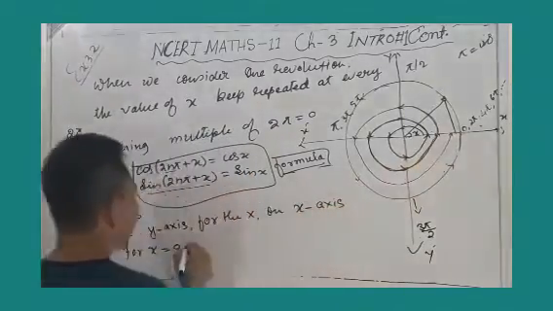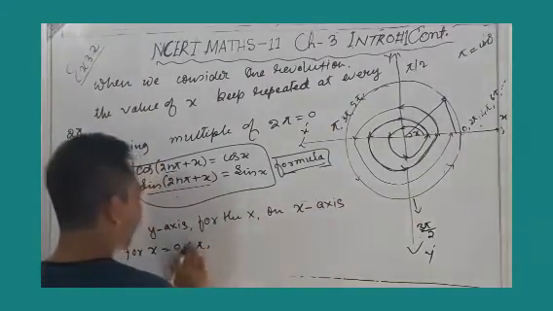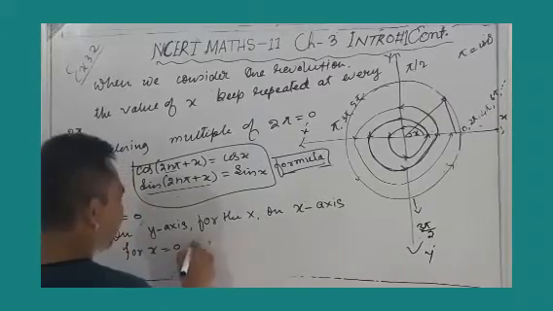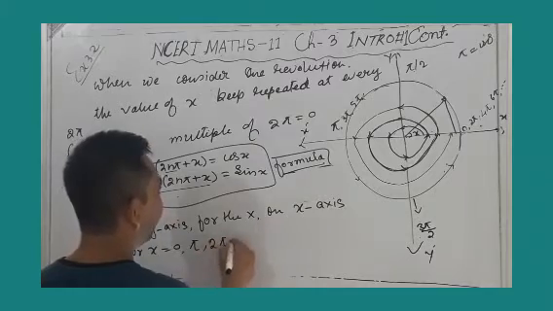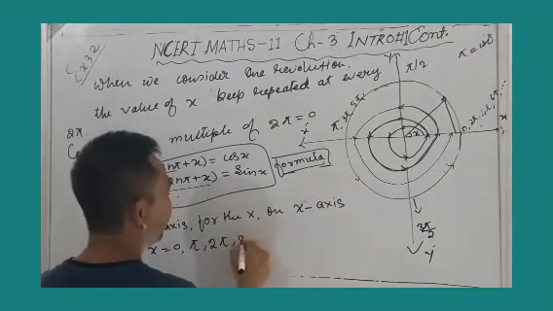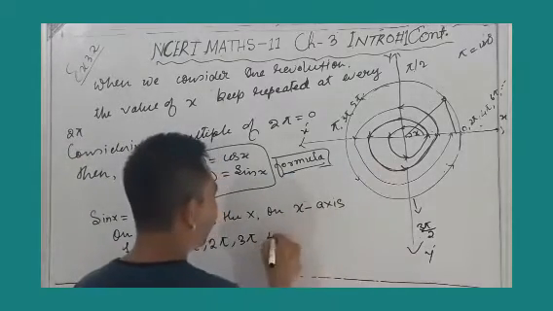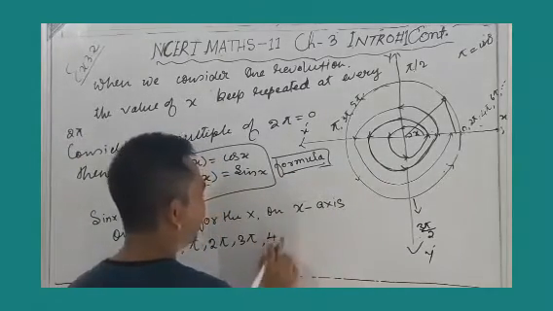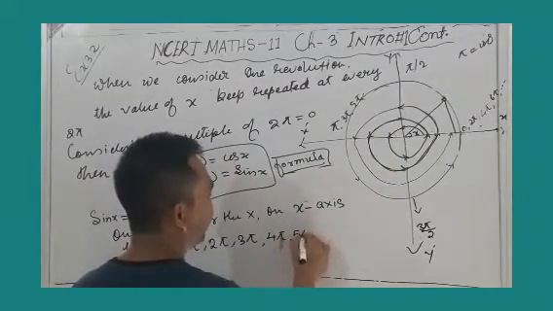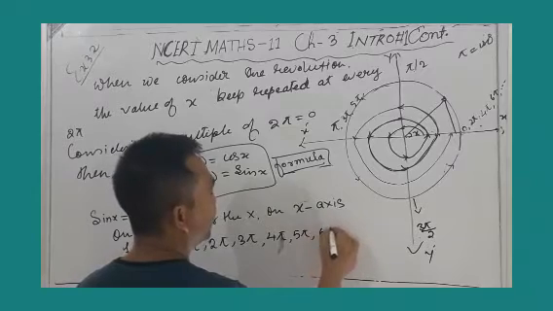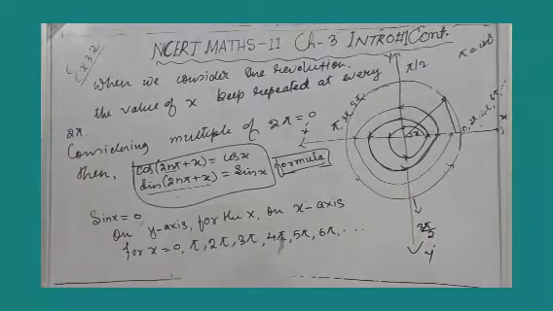For x equal to 0, then pi, then 2 pi, next 3 pi, next 4 pi, next 5 pi, next 6 pi, and so on. Okay?